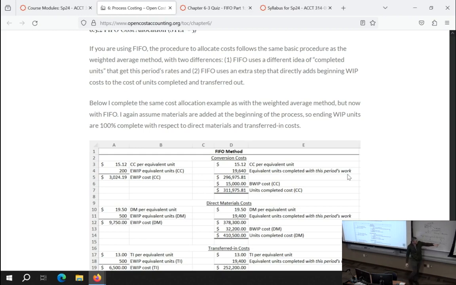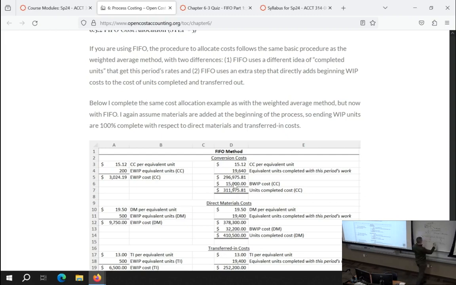And so we're going to take this period's rates and multiply it by 19,640, which is only this period's work. It's 20,000 units completed minus the beginning WIP equivalent units, because the beginning WIP equivalent units were equivalent units completed last period with last period's rate. Keep that separate. We only want to apply the rates to this period's work, which is this term together: units completed minus the beginning WIP equivalent units. All right, and so then we get this number right here. And that's when we add it back in.